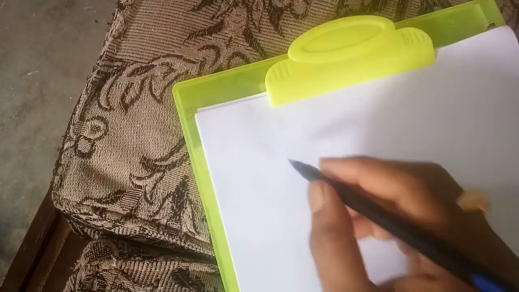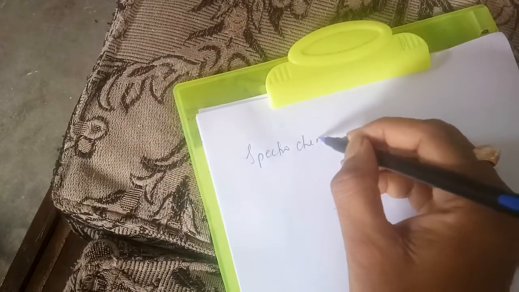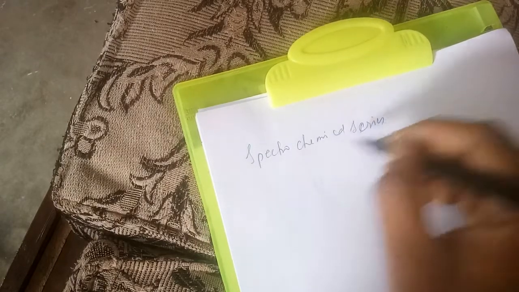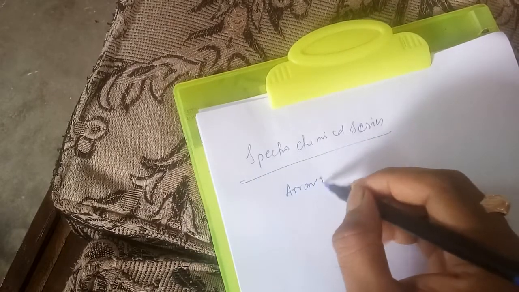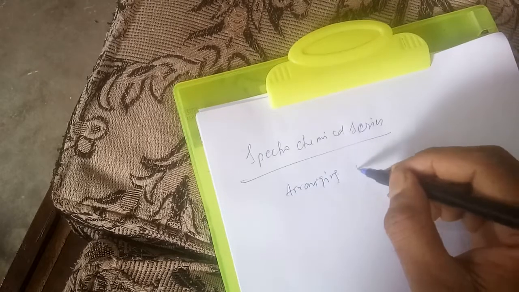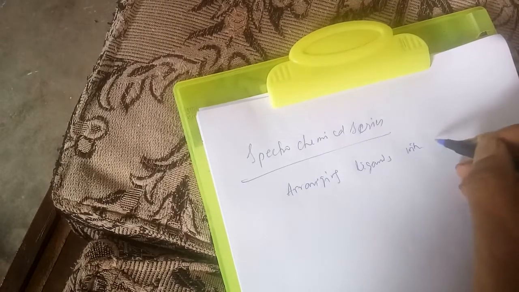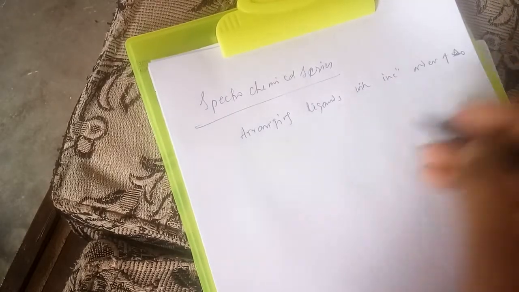Another point that we require to read is called the spectrochemical series. It is arranging ligands in increasing order of del O, the crystal field splitting energy.